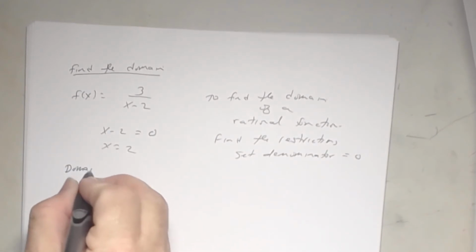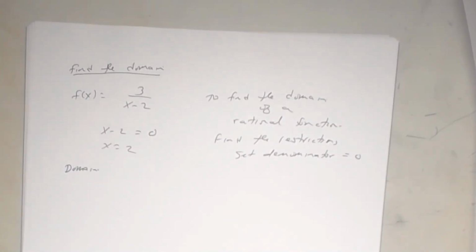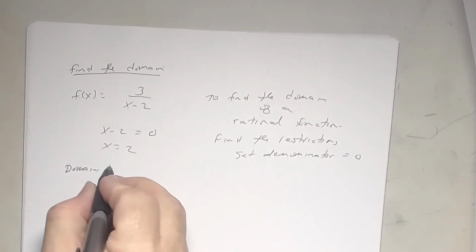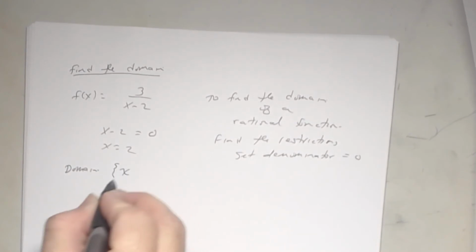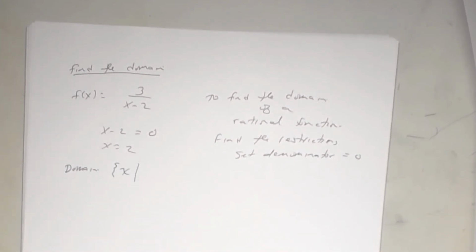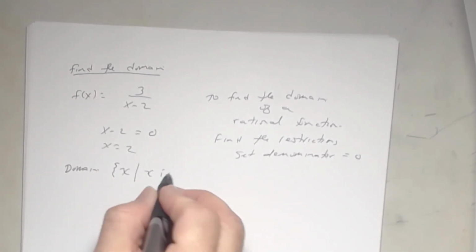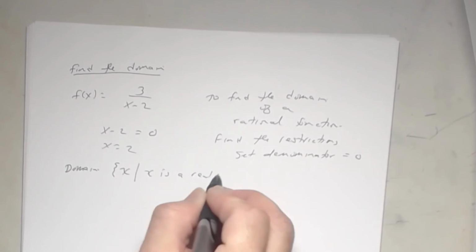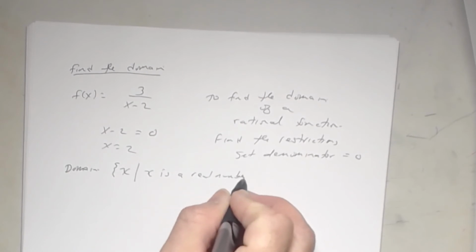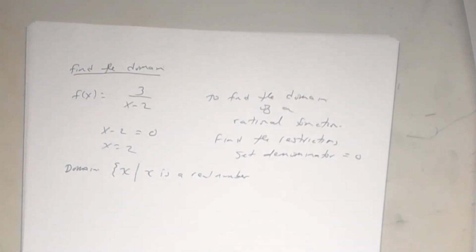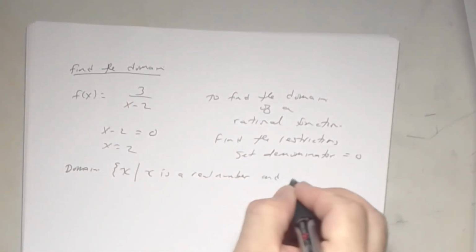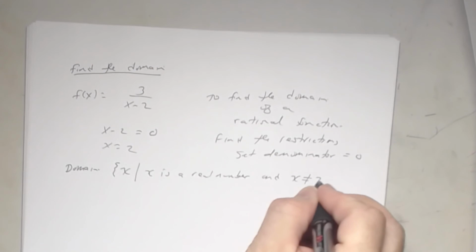So then your domain is basically everything but 2. On MyMathLab, they're going to ask you to write this in set notation. So here's how you're going to write this. You're going to say the set of x such that x is a real number, and x cannot equal 2.